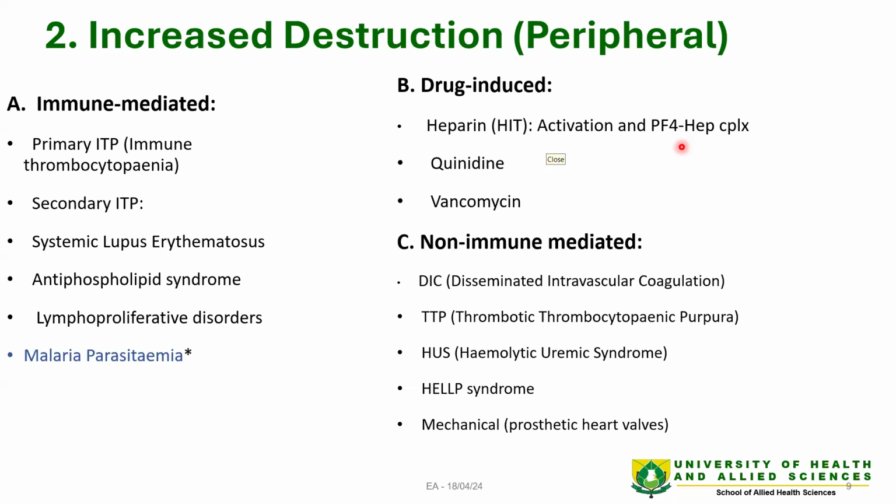And this fibrin ends up causing mechanical damage to the platelets. And these platelets also end up being mopped out of the system. HELP syndrome, which is hemolysis, elevated liver enzymes, and low platelet syndrome. That's what has been abbreviated as HELP. So that is hemolysis, elevated liver enzymes, and then low platelet syndrome.